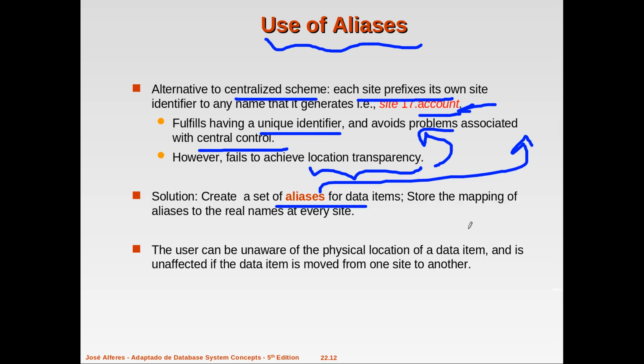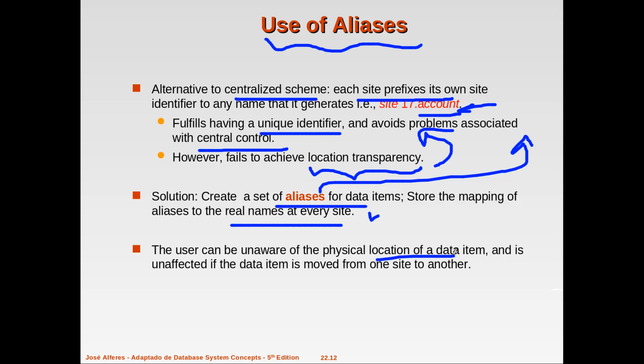These different names will be stored as a mapping of aliases to the real names at every site. We are providing a different name for each data item that will be mapped to the real names at every site. Now the user can be unaware of the location of the data item.